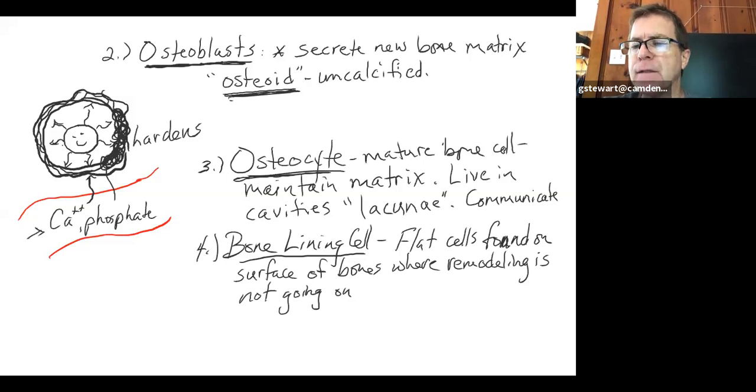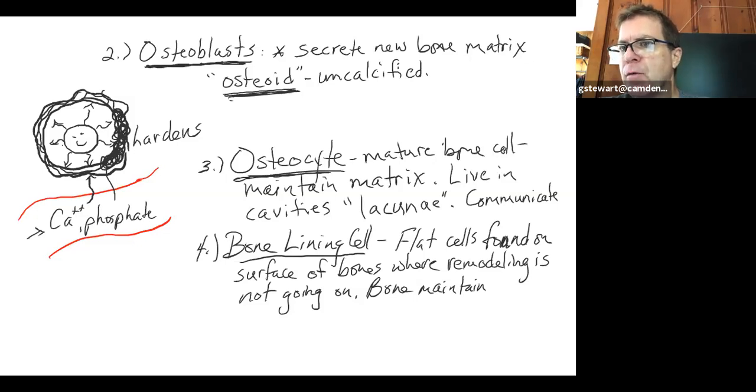So they're basically bone maintenance cells as well, but they don't really have anything to do with regulating bone remodeling. Remodeling means building new bone and degrading old bone tissue.